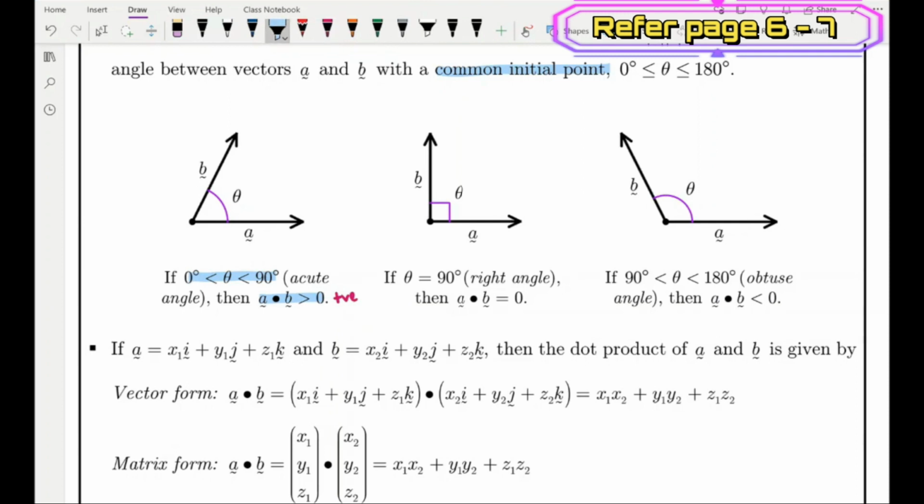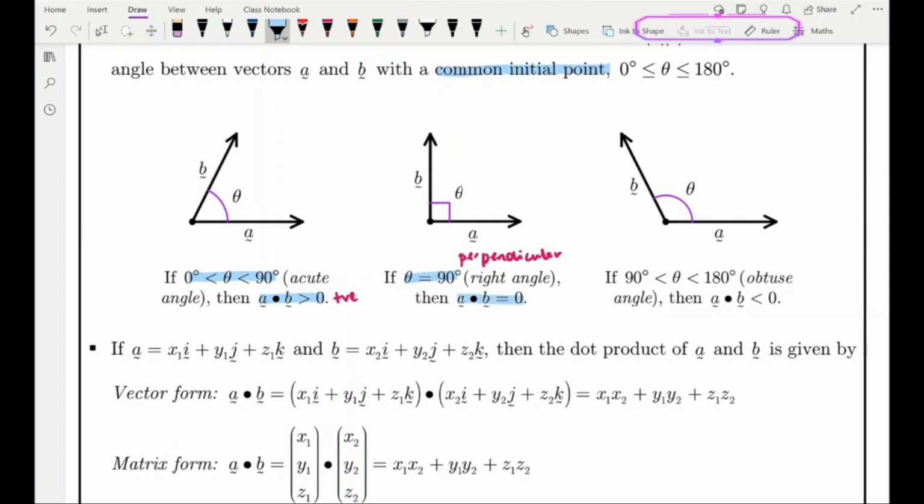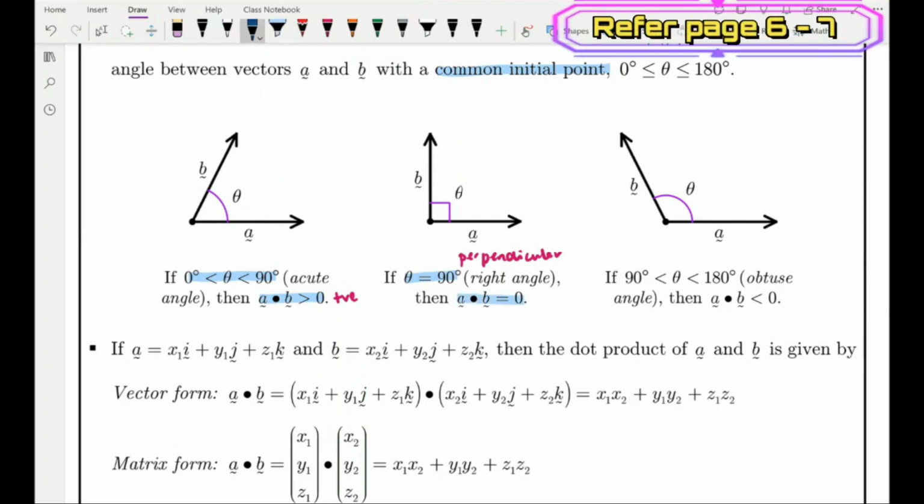But if theta is 90 degrees, that means perpendicular, then A dot B equals 0 because cos 90 degrees is 0. And what if theta is between 90 and 180 degrees, an obtuse angle? Then A dot B must be negative, or less than 0.